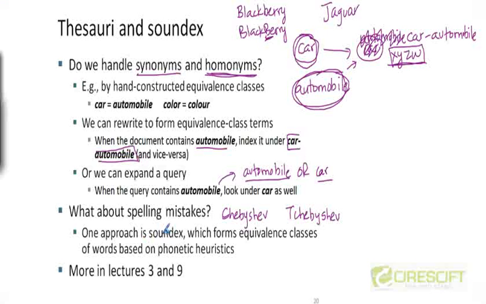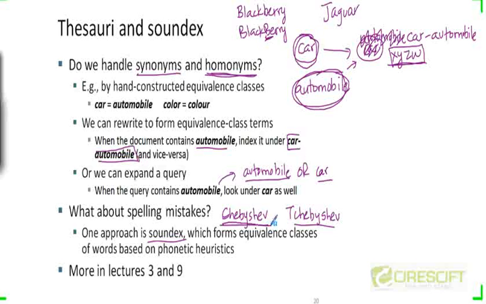We're actually going to see how to build a spelling corrector in the next chapter. But one particular way to deal with spelling mistakes is in the normalization phase itself, where we use something called SoundX. SoundX is an algorithm which was developed particularly for names. What the algorithm does is it takes words that sound similar and groups them into the same equivalence class.